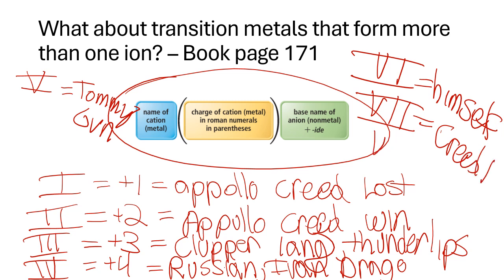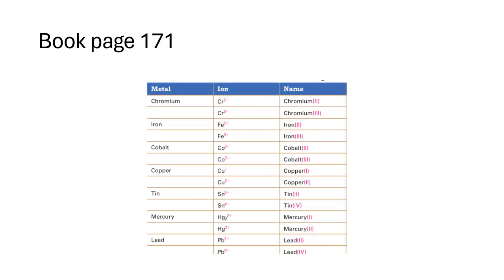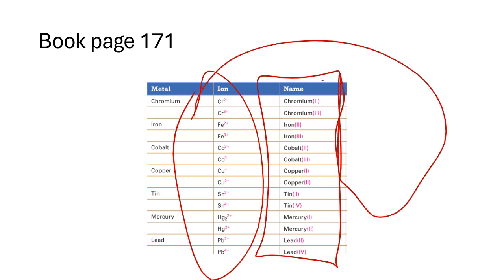And I don't know, you're not going to know. That's why. Okay. So these are just some examples. We can see the charge matches the Roman numeral there. These are just some of them that will do that.